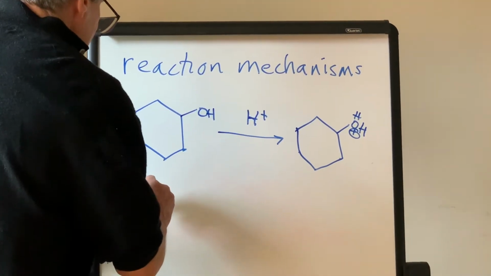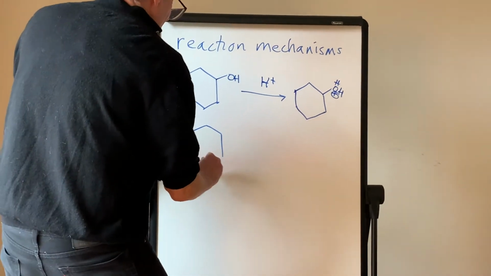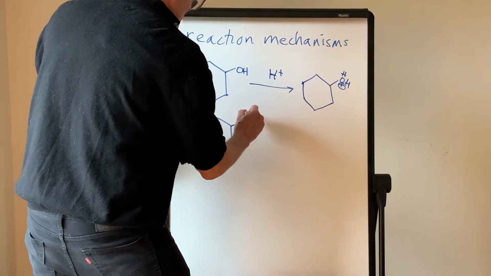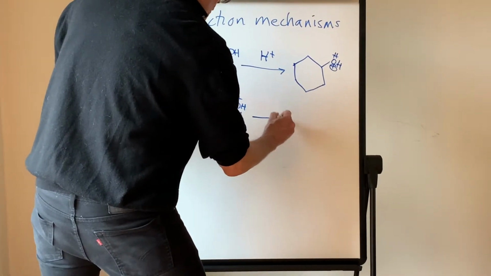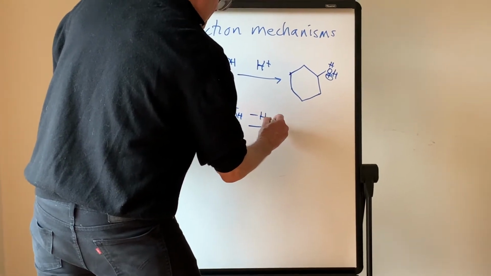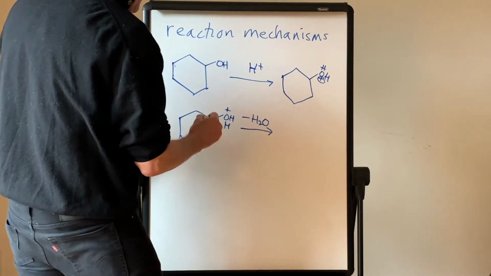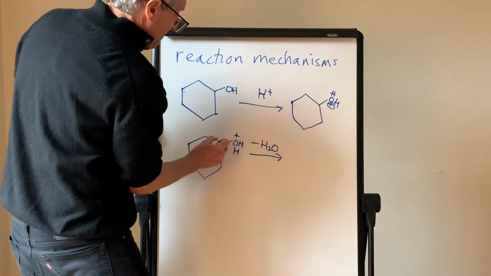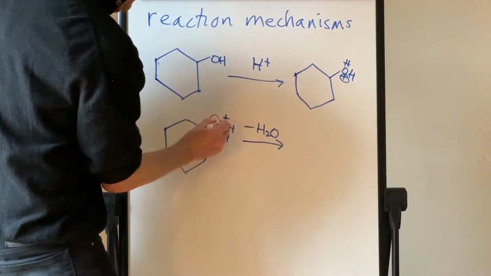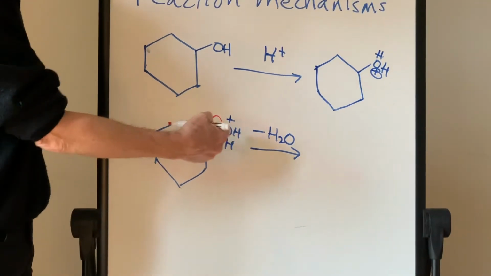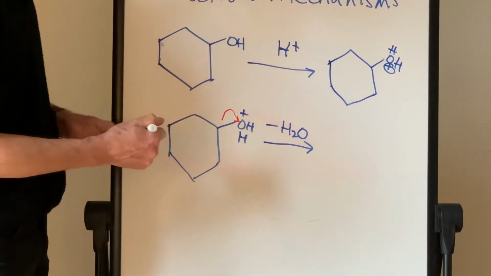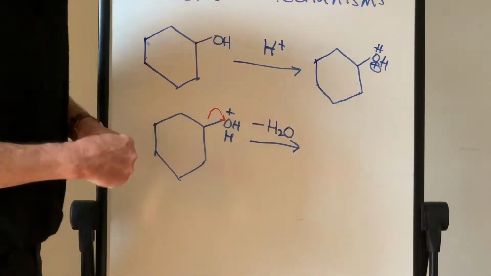If in the second step, after protonation of the alcohol, the water is lost, now this is an important thing. In fact, I shall use a different color. If the pair of electrons that presently holds the hydroxyl group to the carbon leaves with the water, that's the importance of that curved arrow.